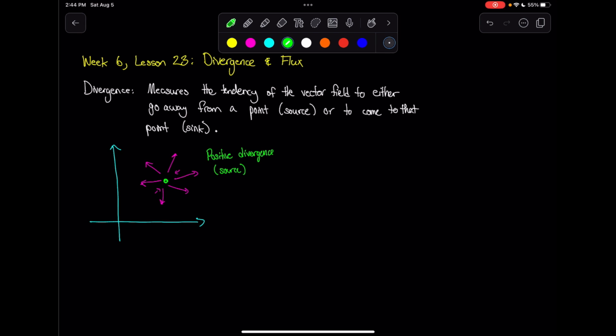If you determine by calculating the divergence that there's a heat source right here, that things are radiating away from this point, maybe that's a good idea to cover that point with some sort of heat absorption, something that's going to absorb all of that radiation that's coming out.